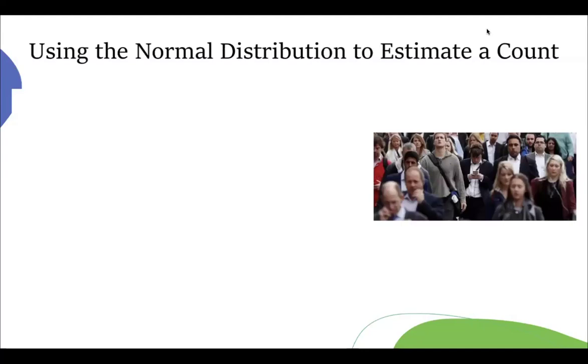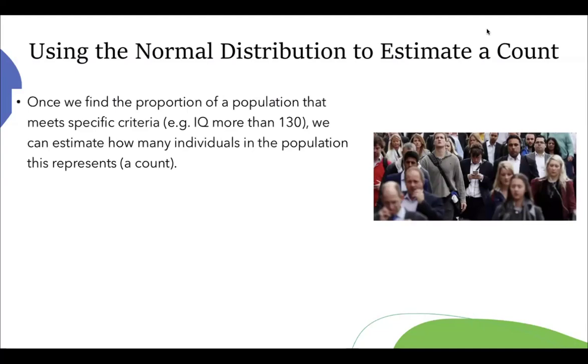Okay, next we're going to look at a few questions that use the normal distribution to estimate a count of people or objects of interest. Once you find the proportion of the population in question, so in this case, the previous example had us find the proportion of a population that had an IQ score more than 130.